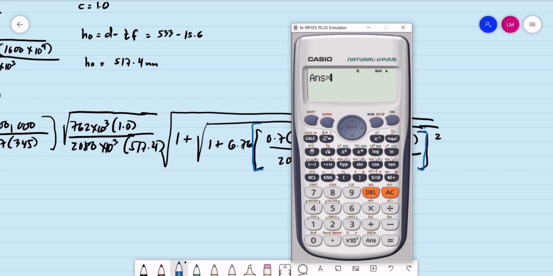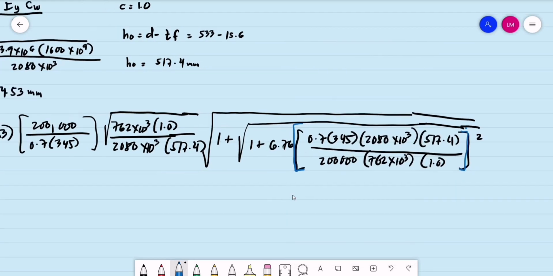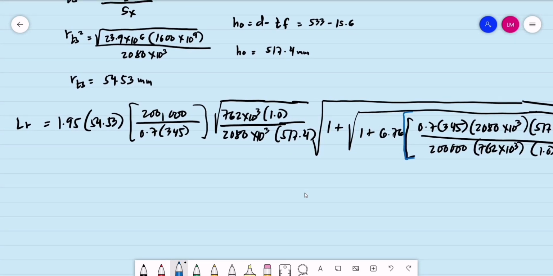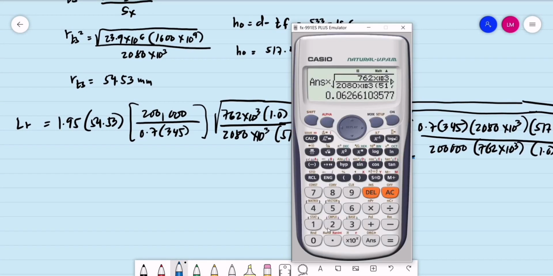And then we are to multiply this value to the square root of 762 times 10 raised to 3, then to be divided by 2080 times 10 raised to 3. Then multiplied by H sub o, 517.4. Okay, then we multiply the value to the ratio of, let's say, answer multiplied by 200,000, then to be divided by 0.7 of 345.